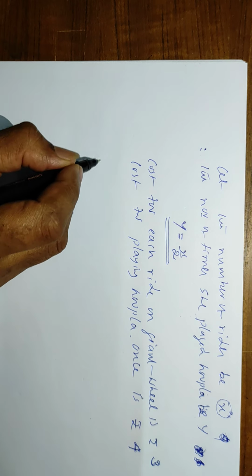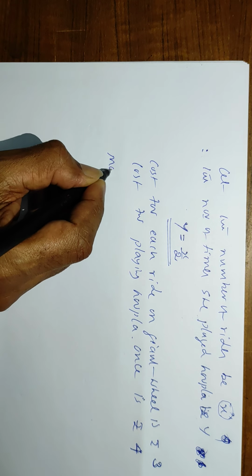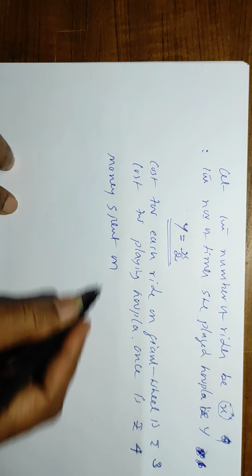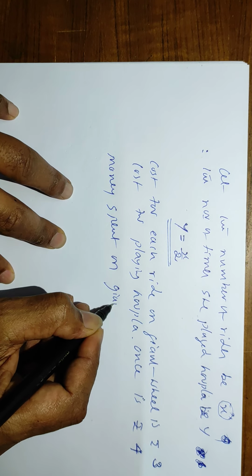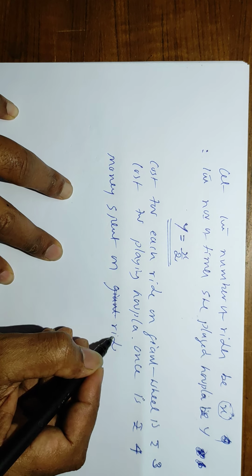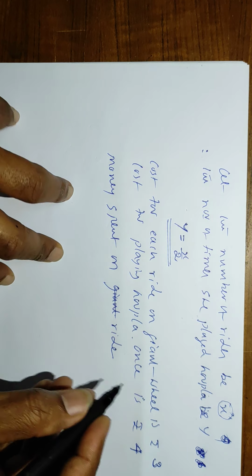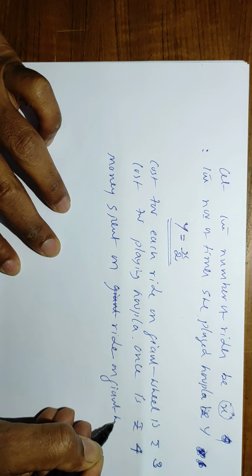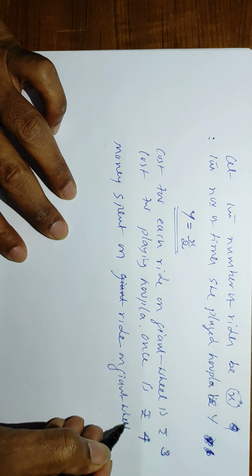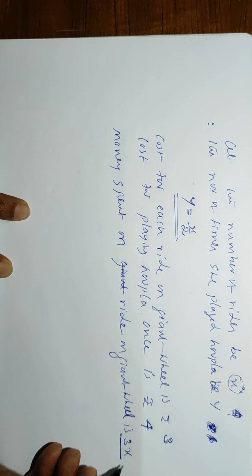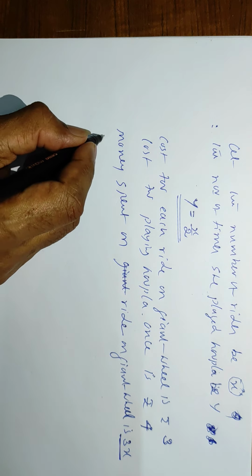So let me calculate total money spent on ride on giant wheel, which is 3 into x, rupees 3x.